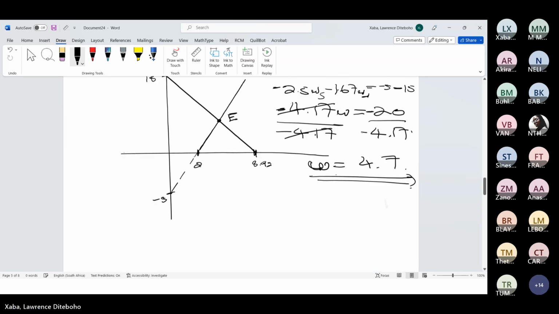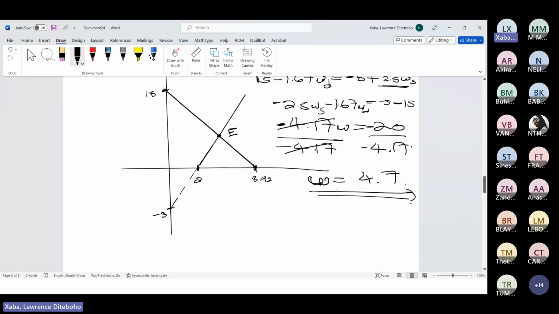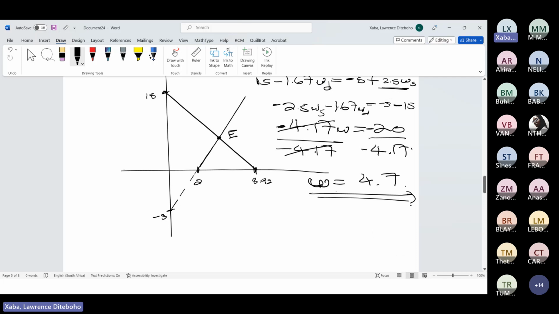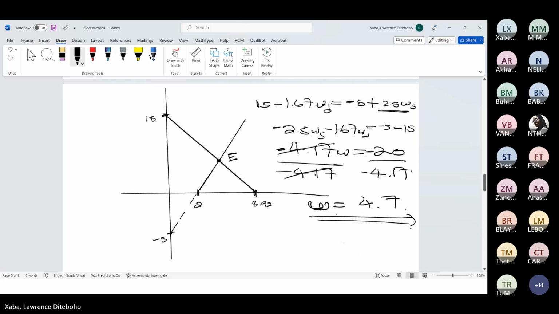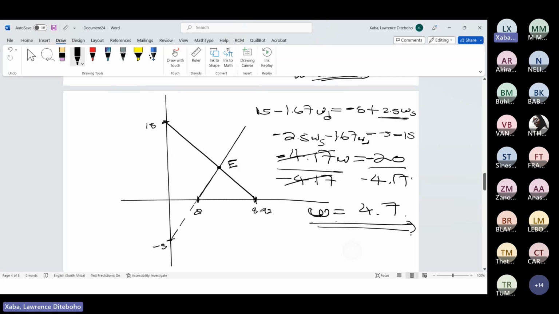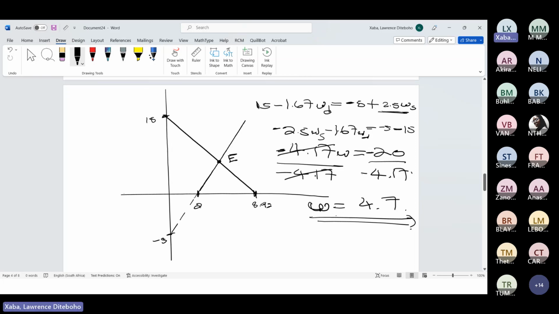So now we want to get the value that represents L, which is labor. So what do we do now? You can take any equation, but remember, like I said, when we're doing the market, we said that these two equations, when we substitute the value of price, have to give us the same quantity units.